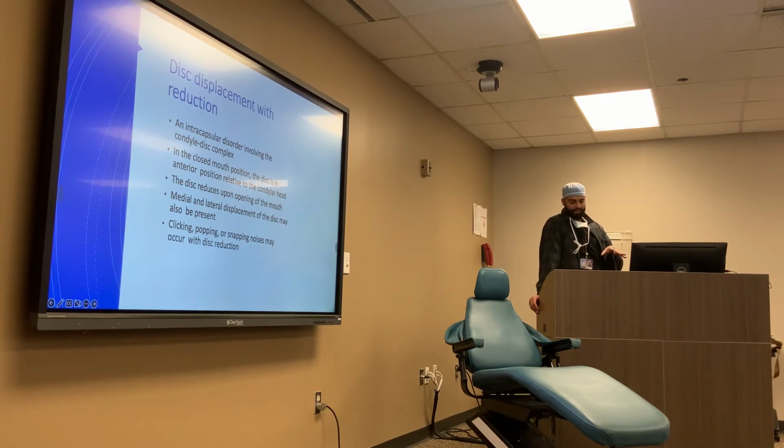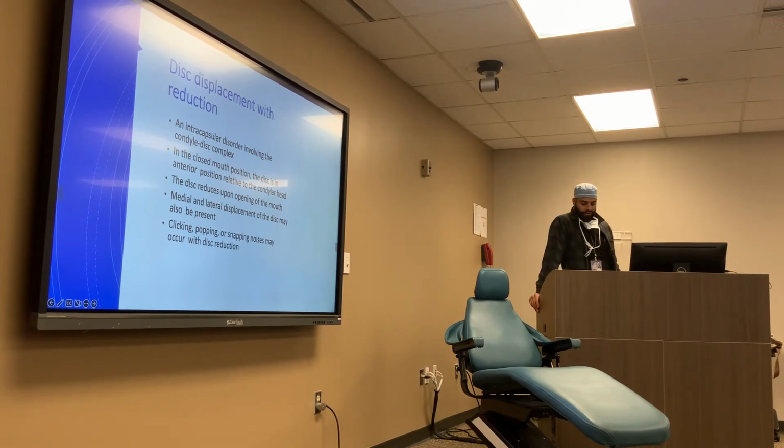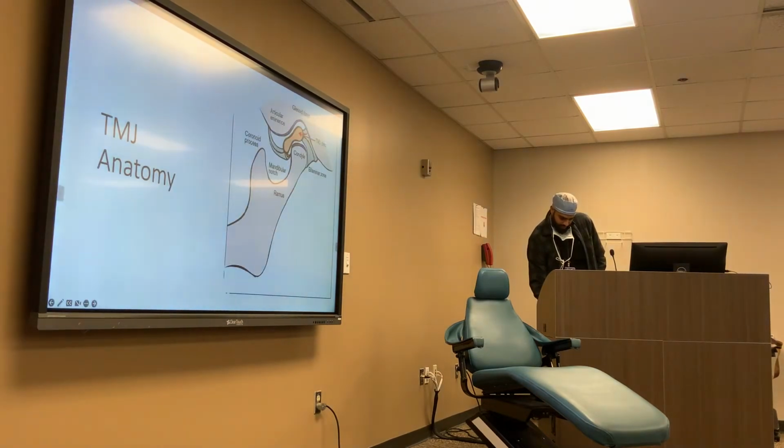So I want you guys to think about your mouth when you close, right? In the closed mouth position, where is that disc? So the disc, where should it be? Let me go back to that first slide. That's your normal anatomy, right? You see the disc where that red arrow is pointing. You see the condyle, right? Okay.